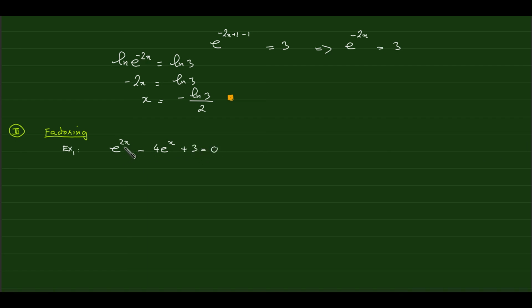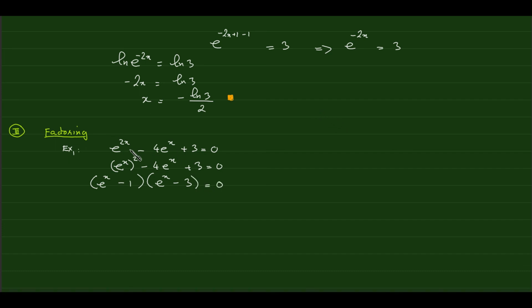If you recognize that this is e to the x, I can rewrite this as e to the x squared, and this is minus 4e to the x plus 3. This is nothing but a quadratic. So I can factor this. So it will be e to the x and e to the x here. And you end up with this negative 4, so it must be negative 3 and negative 1. There you go.